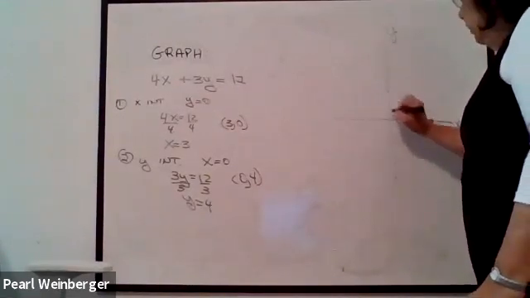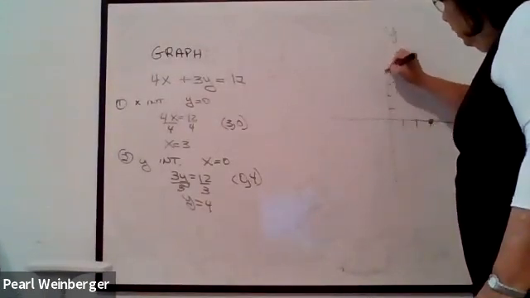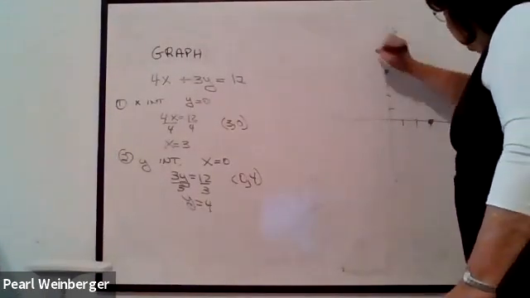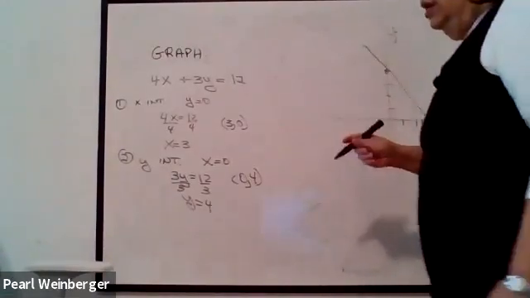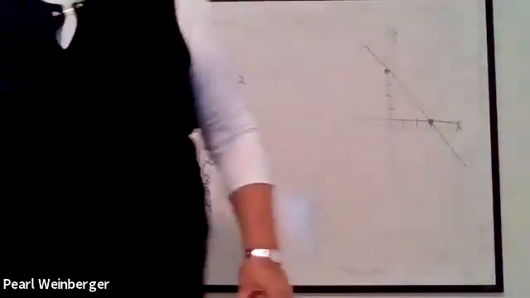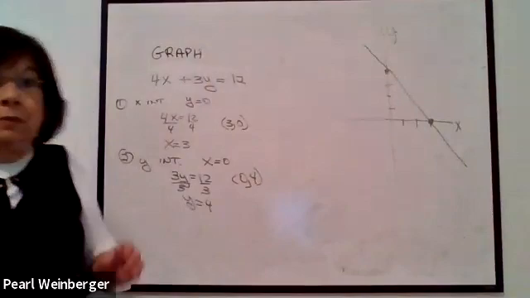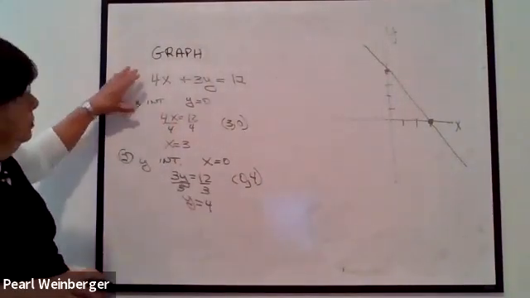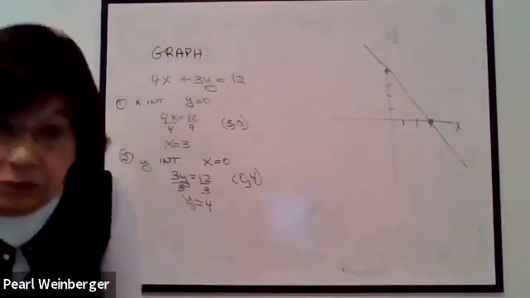And the y-intercept we said was 4, 1, 2, 3, 4 is right over here. And if I connect these 2 points, I get my line. So that is also a method that can be used to graph a line, but more so, it gives you important information called x and y intercepts.